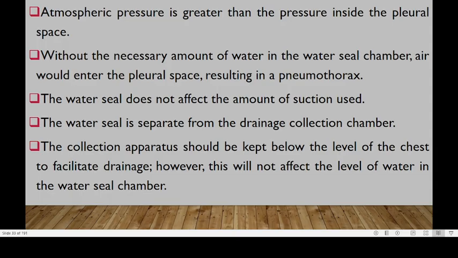So without the necessary amount of water in the water seal chamber, air will enter the pleural space, resulting in pneumothorax. The water seal does not affect the amount of suction used. The water seal is separate from the drainage collection chamber. The collection apparatus should be kept below the level of the chest to facilitate drainage. However, this will not affect the level of water in the water seal chamber.